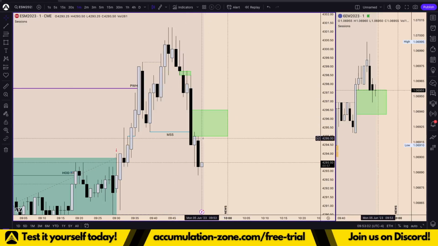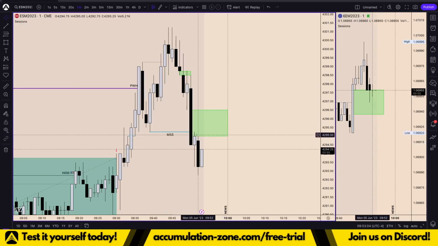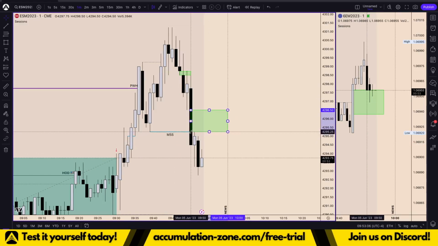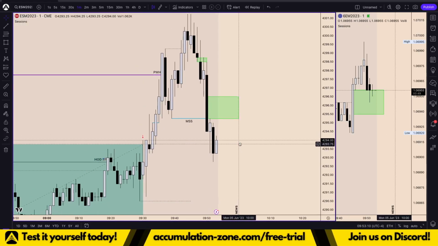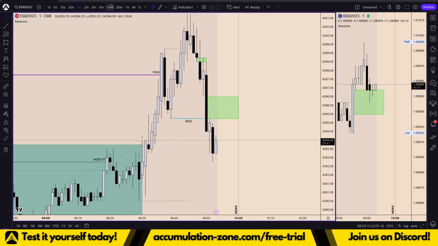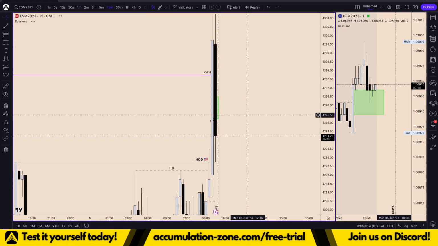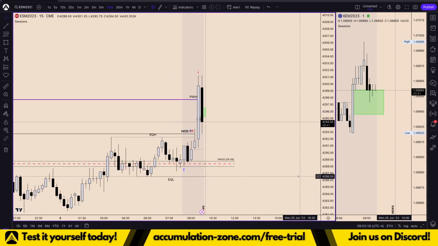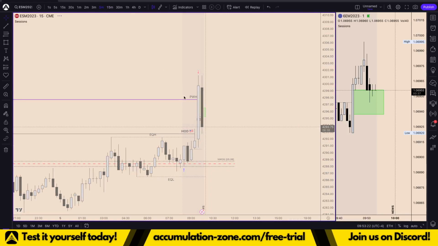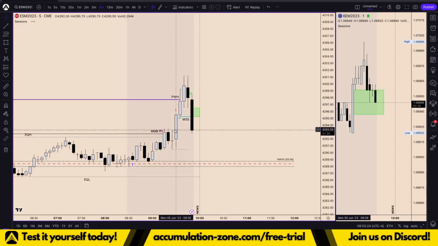Yeah, pretty much the same thing that happened with this gap right here. So we have a fair value gap. Interesting. Let me check our higher time frame. We're just filling in this 5-minute fair value gap right here.